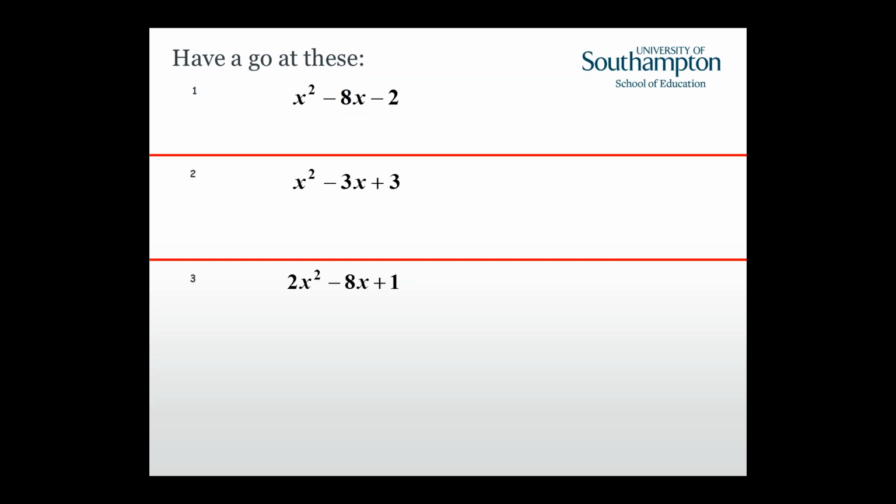Right, yeah, I started off with. Do you want us to go through the process, or just what I ended up with? Well, say first what you ended up with, and then we'll see. Okay, for the first one, I ended up with x is the square root of 18 plus 4.